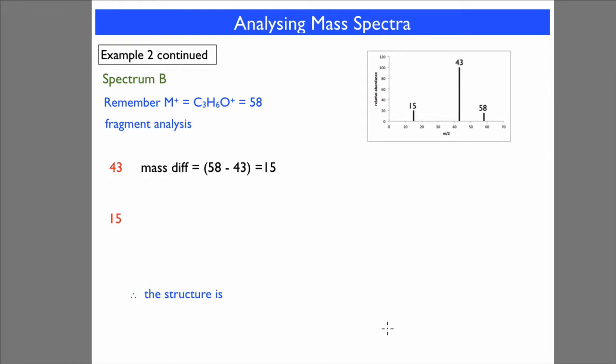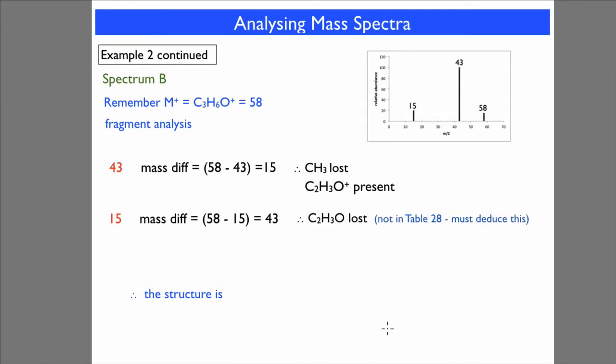Spectrum B. The peaks are at 43, so we're losing 15, so we're losing the CH3, which would leave us with a C2H3O+. Then the peak at 15 means we're losing 43, so we're losing the C2H3O.